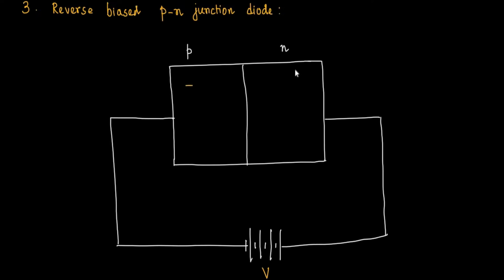In p-type there are holes as majority charge carriers. The circled positive sign means these are holes.